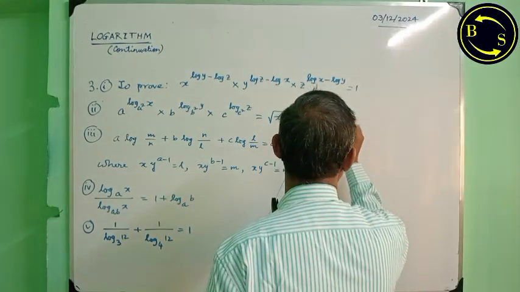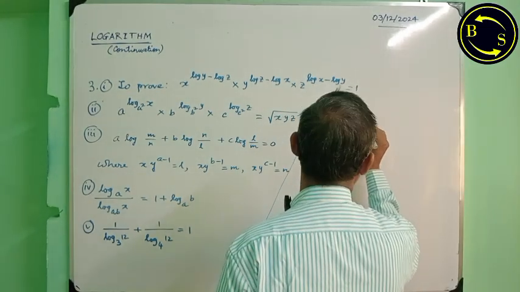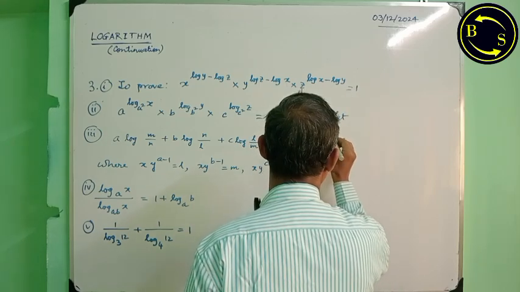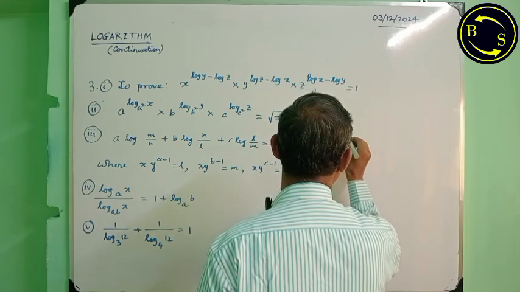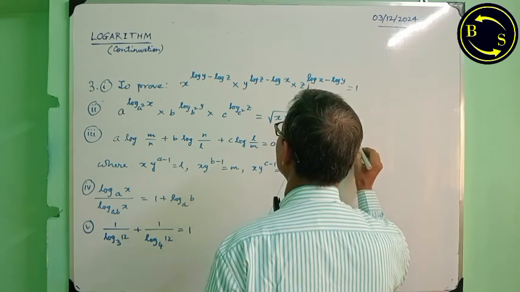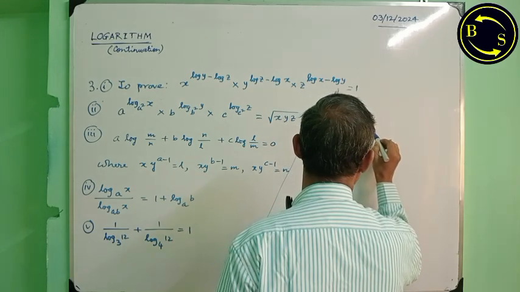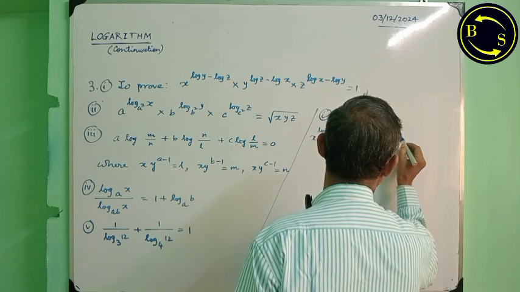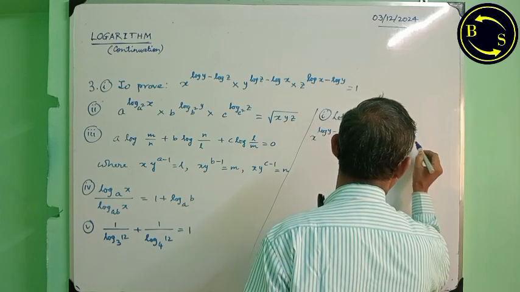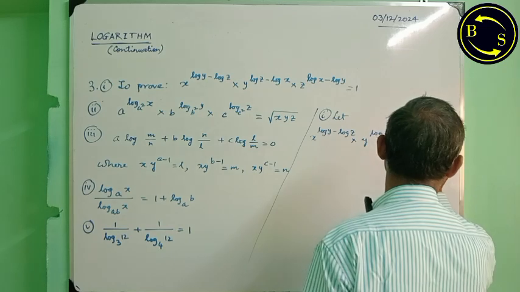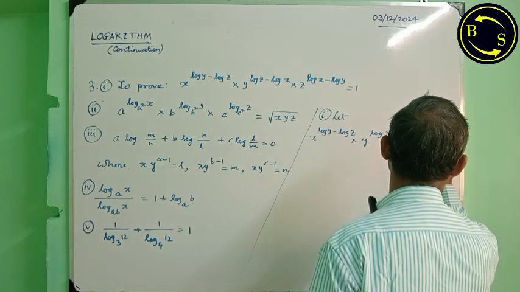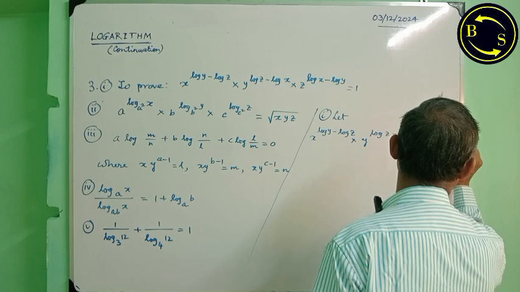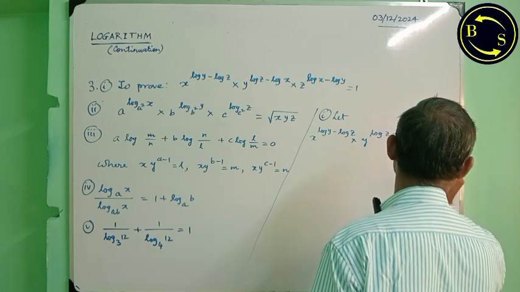Let x to the power log y minus log z into y to the power log z minus log x into z to the power log x minus log y equal k.